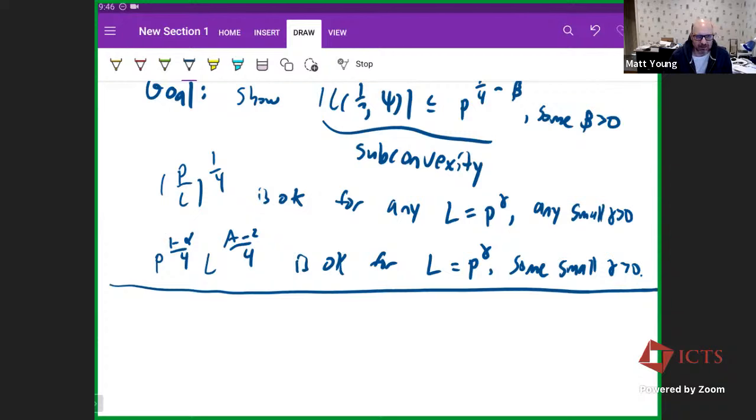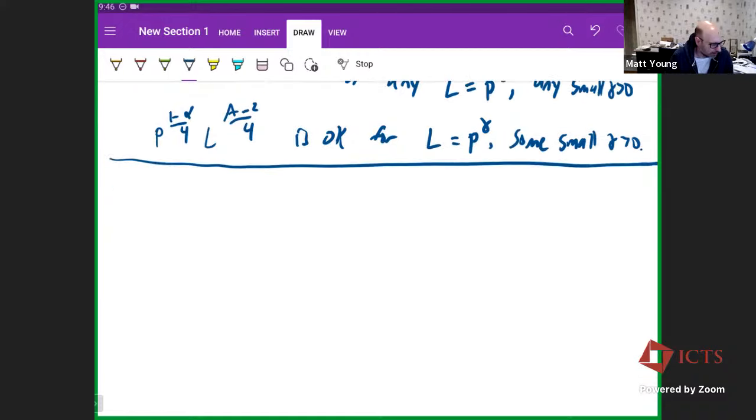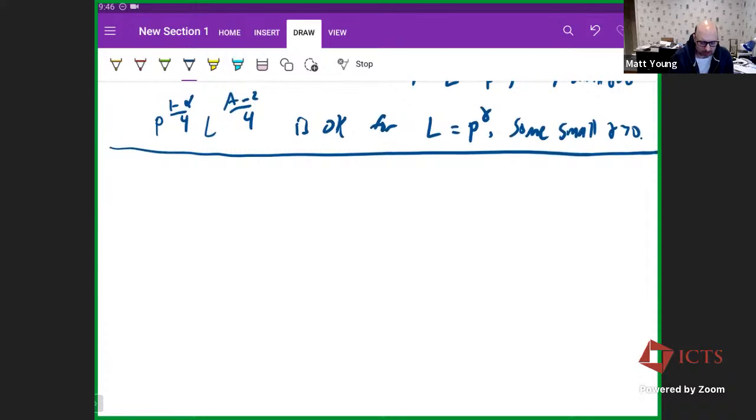Because I'm going to switch topics a little bit. Okay, so if not, then I wanted to talk more generally about families of L functions.